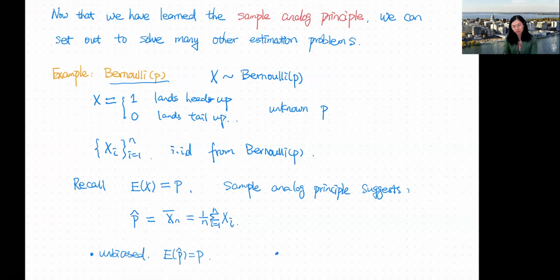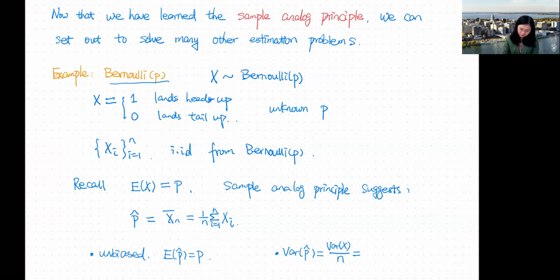And we also know that the variance of p hat, the variance of this estimator, equals the variance of the Bernoulli p random variable divided by n. This calculation is also something that we have done before in a different context.